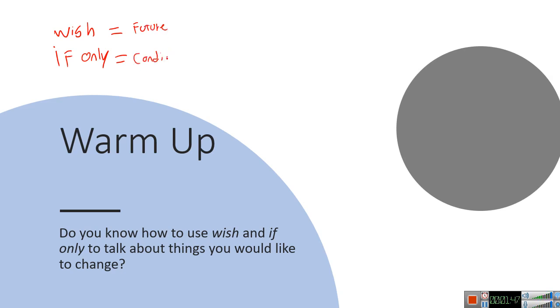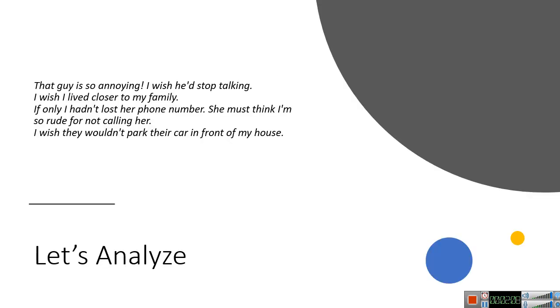Conditional. Okay, very well. So in this case, it's similar to what you're saying, but to be more precise, wish is a desire, and if only is also a desire. Let me explain that. So let's analyze this sentence. That guy is so annoying.